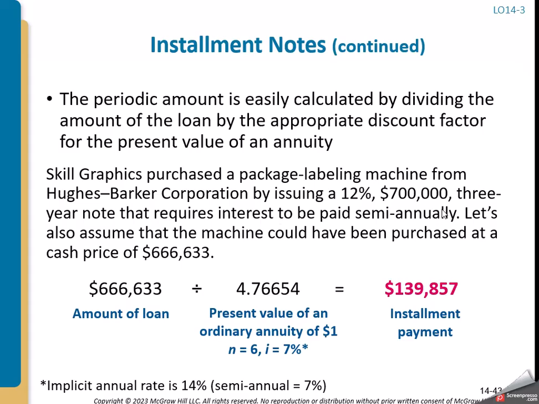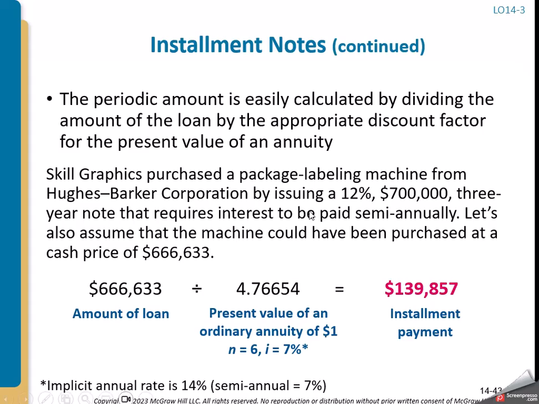At a 3-year note that is paid semi-annually, that would be 6 semi-annual payments. And then our interest rate, is it going to be the 14% though again? Yeah, so the 14% we're assuming is our interest rate. But then again, divided by 2 because it's semi-annually.